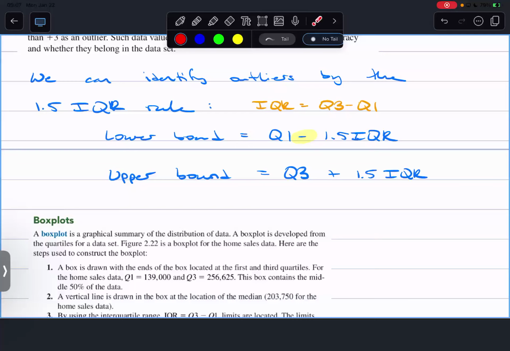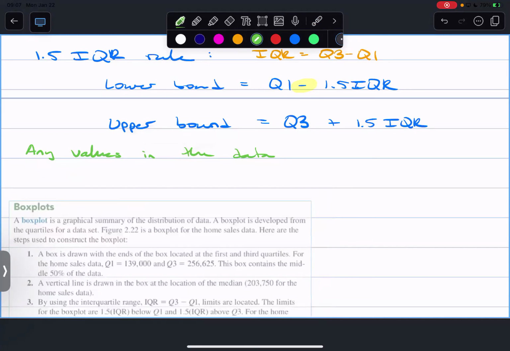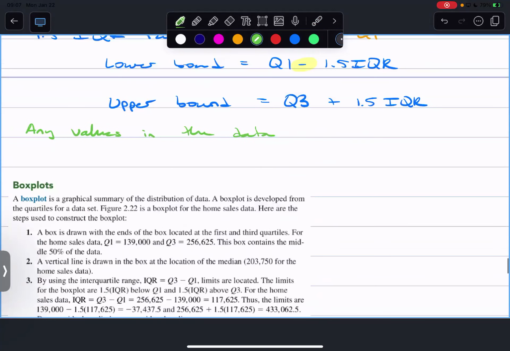And so any values in the data beyond these bounds, I guess I'll put a bracket around the values, in the data beyond these bounds is considered an outlier.